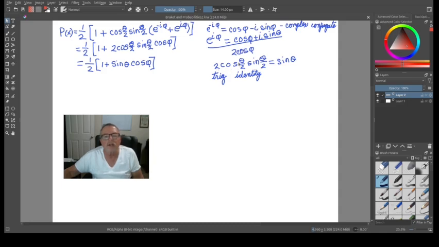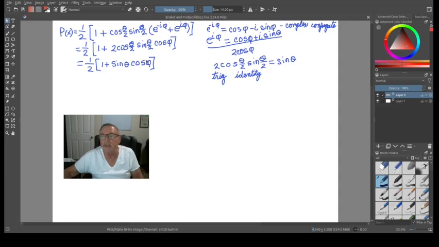2 cosine theta over 2 sine theta over 2 is equal to sine theta. I say that slowly because this really takes a lot of thinking through, but with all this stuff here, we can drop down and justify this next line, which is 1 plus 2 cosine theta over 2 sine theta over 2 cosine phi, and then finally we get to 1 plus sine theta cosine phi.